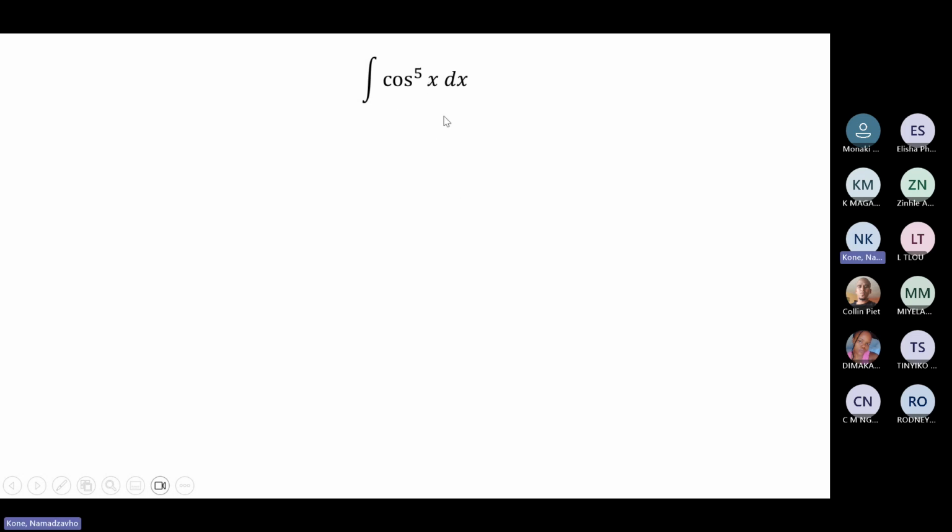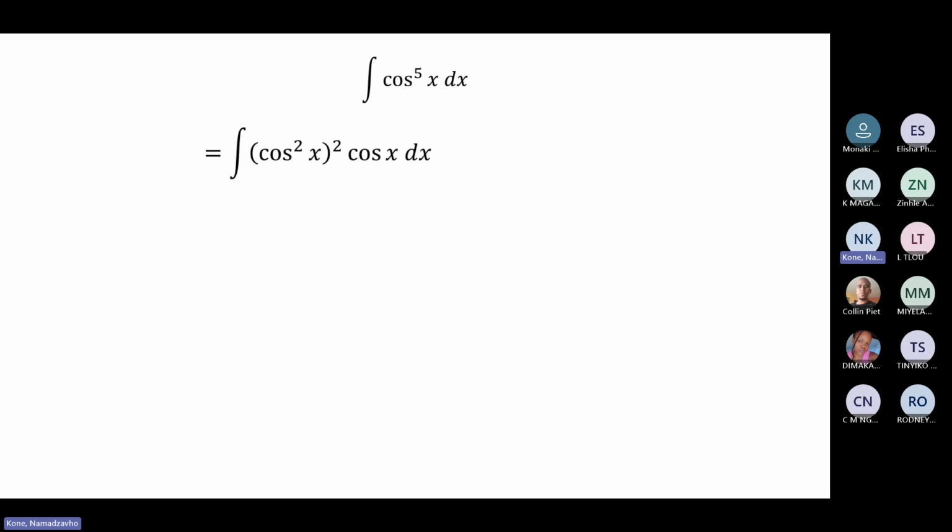But you can create an opportunity for yourself to use squared identities, even in this case, by taking this cos x power of 5 and splitting it into one power that is even and another power that is power 1. And this will look like that.